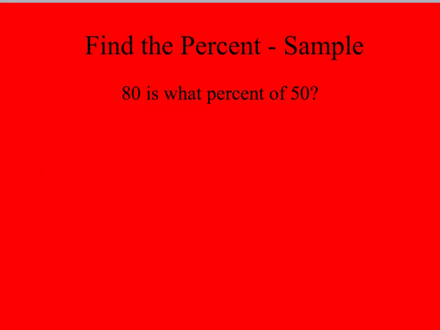Let's try another one. Right off the bat, I see that this is going to be a little different. This is my part of 50. That's my total, or my denominator. And my percent is missing. So even though my 80 is larger than my total, I'm still going to arrange it the exact same way.